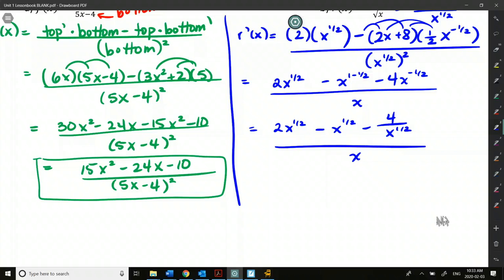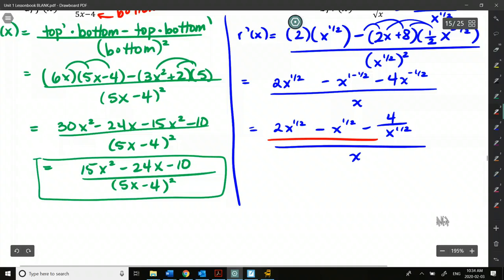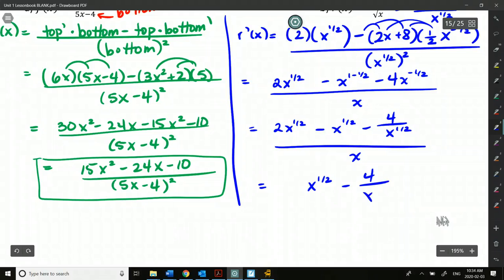But because it's only part of one term, I can't move it down below all of those terms at once. Good question though. Okay, so 2x to the half minus x to the half is just 1x to the half. So I'm just going to write that as x to the exponent half. Okay, and actually maybe we'll just write these as square roots.